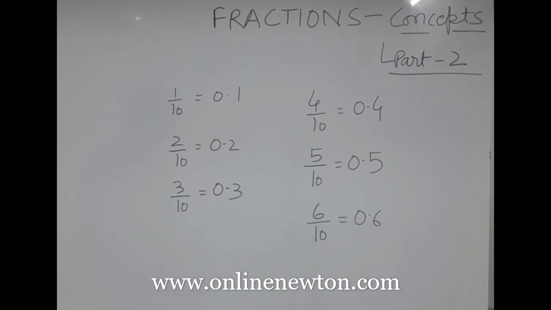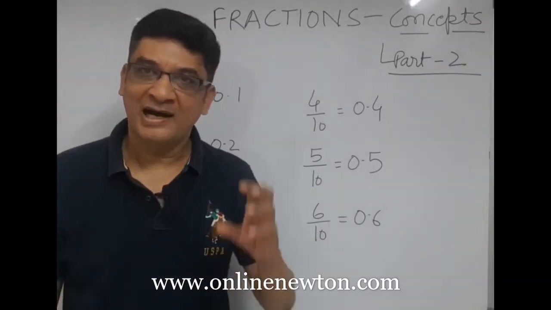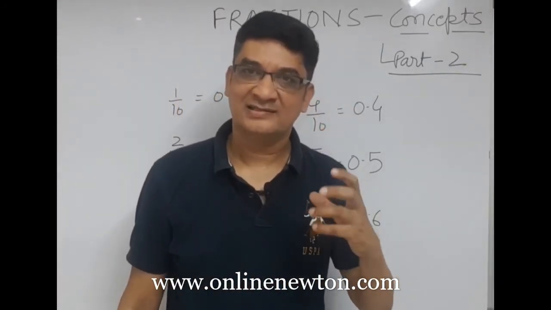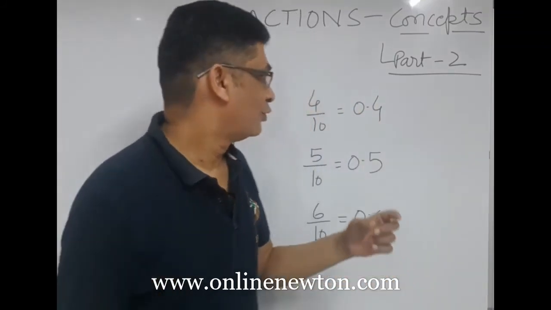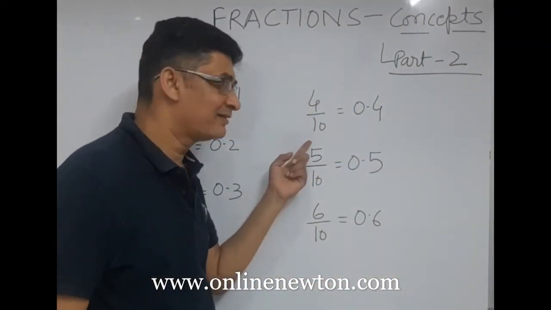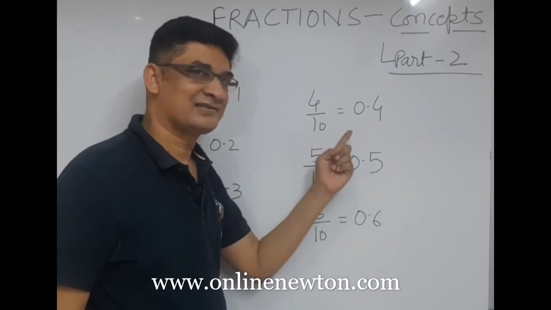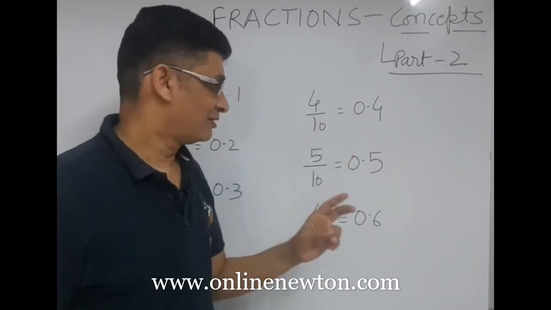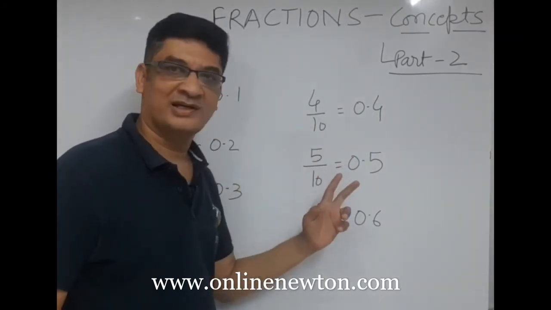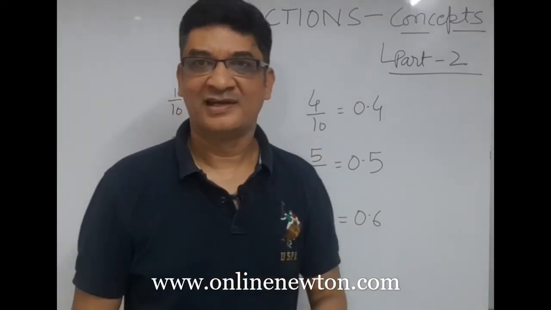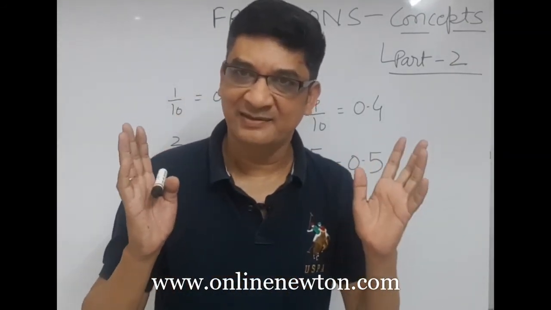So friends, this way of writing the fractions is called decimals. So part of 1 is represented in two ways. One is 4 by 10, or it is also represented as 0.4, or 5 by 10 is also written as 0.5, and these are called decimal numbers.